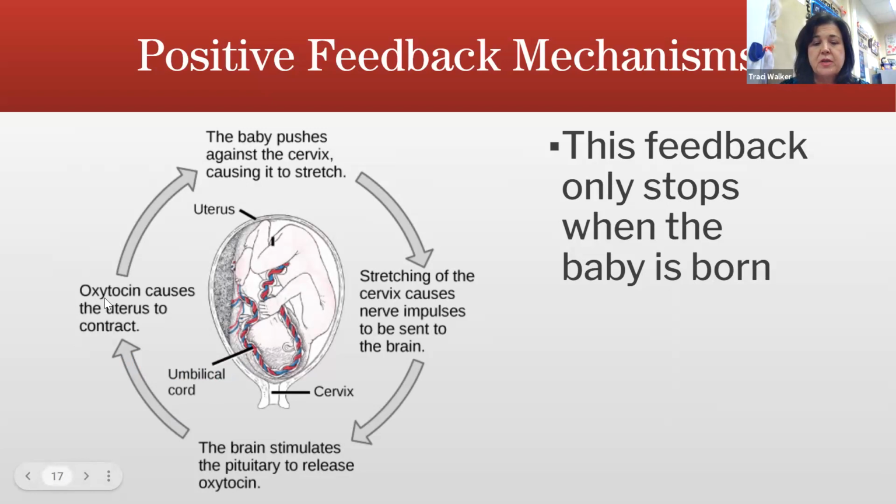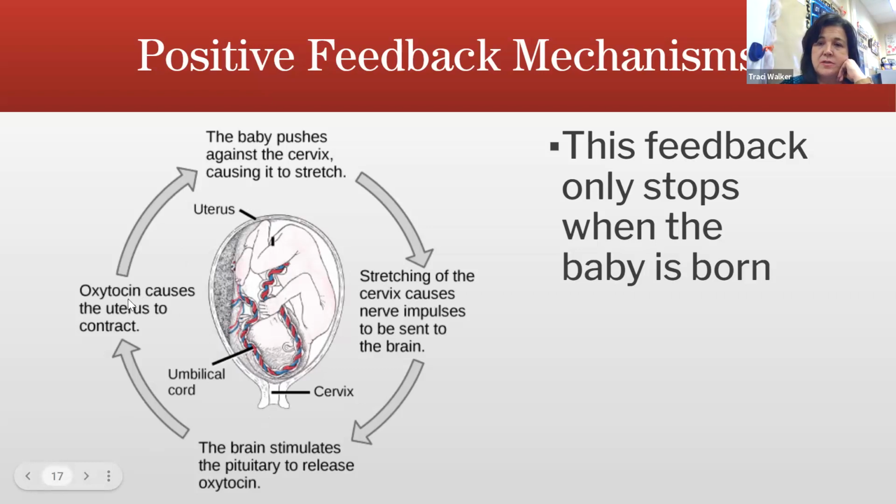Okay, so the brain says, okay, it's time for this baby to be born, because the baby's head is in the right place and it's pushing down on the cervix, and the baby is big and it's stretching the uterus. And so the brain says, okay, it's time for this baby to be born. So the brain stimulates your pituitary gland to produce oxytocin.